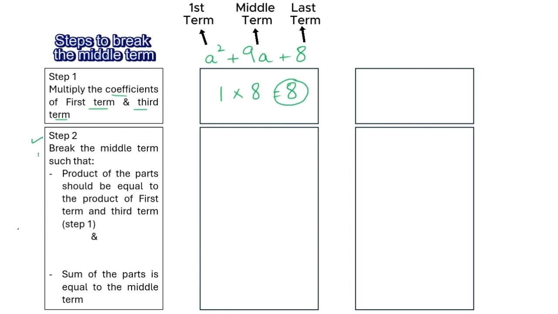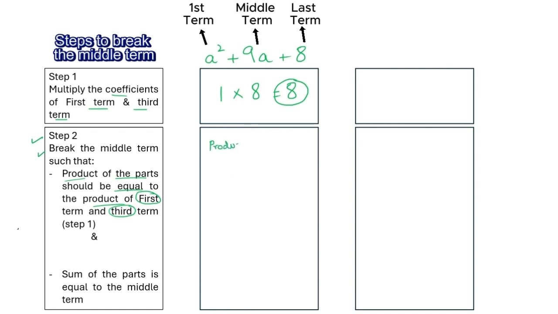In step 2, we have to break the middle term. So our middle term should be broken in such a manner that its product is equal to the product of first term and last term, that is equal to step 1, and its sum should be equal to the middle term itself.